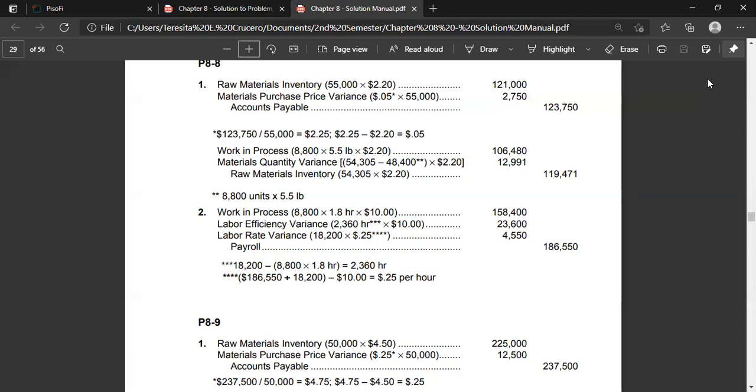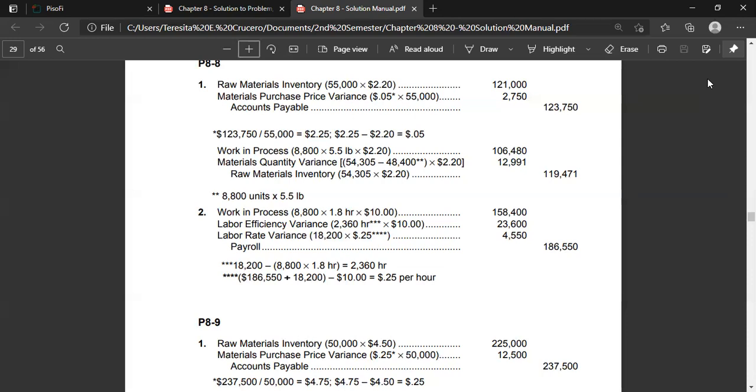Okay? So we have first, we have debit to work in process at standard. Here is 8,800 times 5.5 pounds. That's standard for materials. Now, but we have a debit to materials quantity variance.